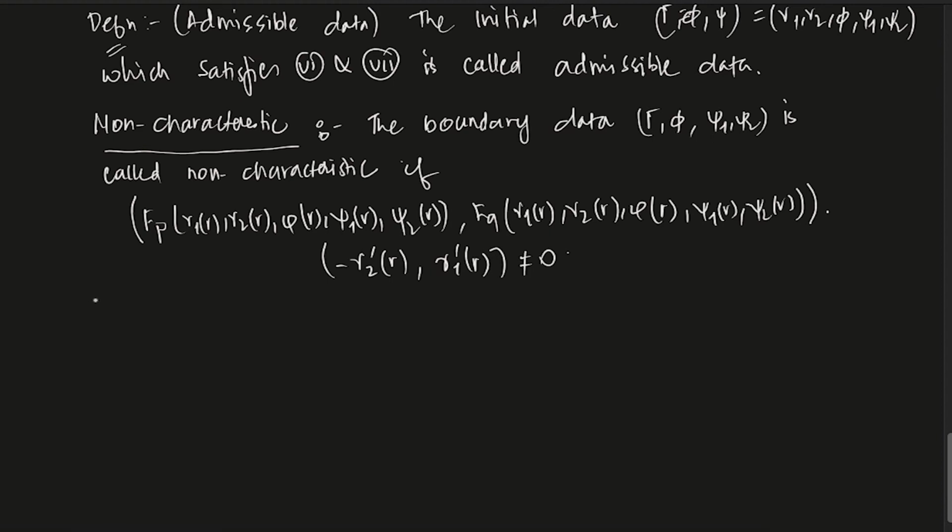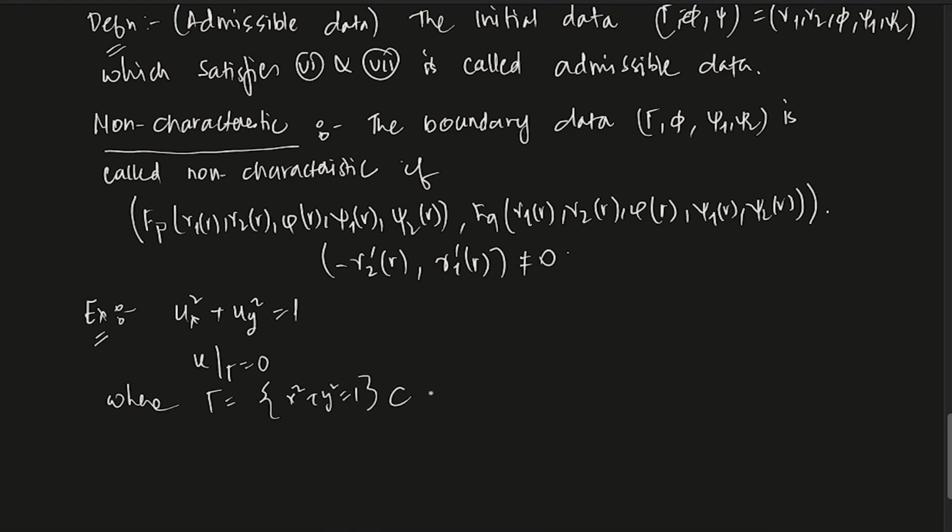But first, let me give you an example of how to solve this, and then we will write down the exact form. The problem is u x squared plus u y squared equals 1, and u restricted to gamma is 0, where gamma is given by x squared plus y squared equals 1, in the xy plane.